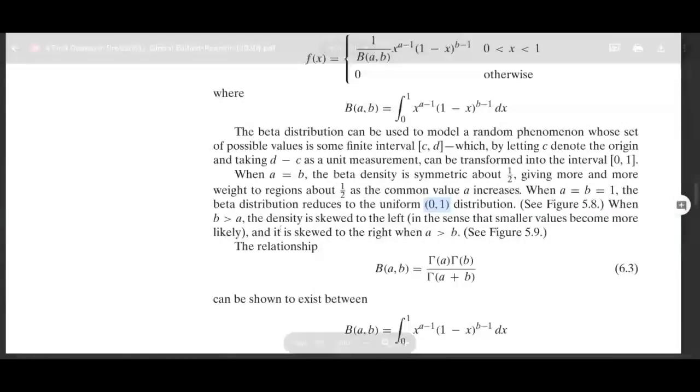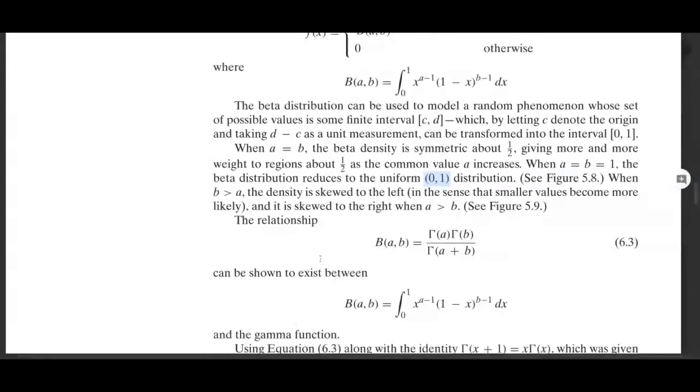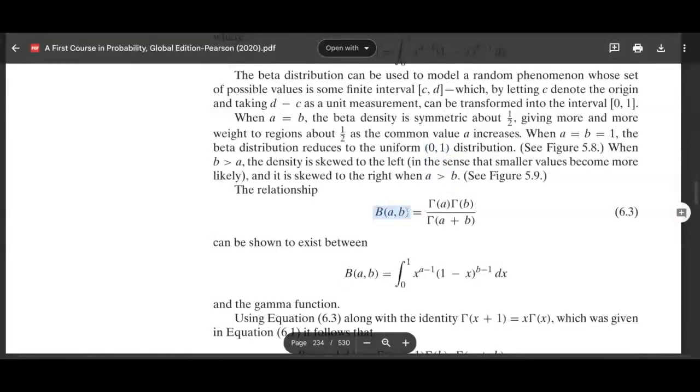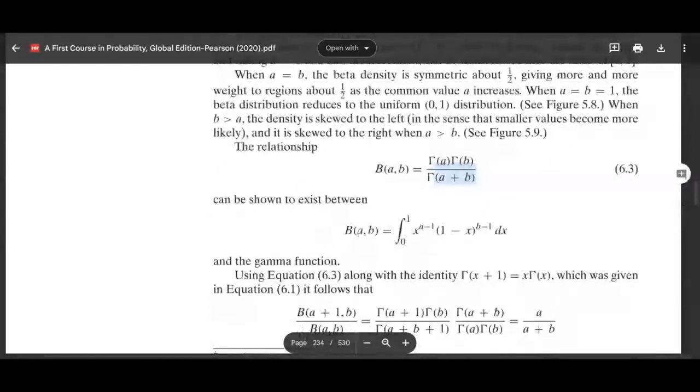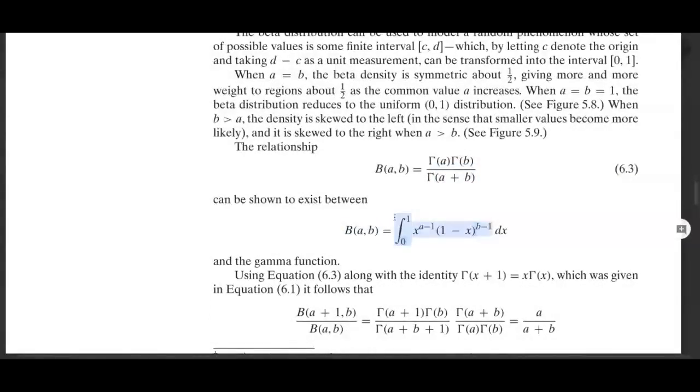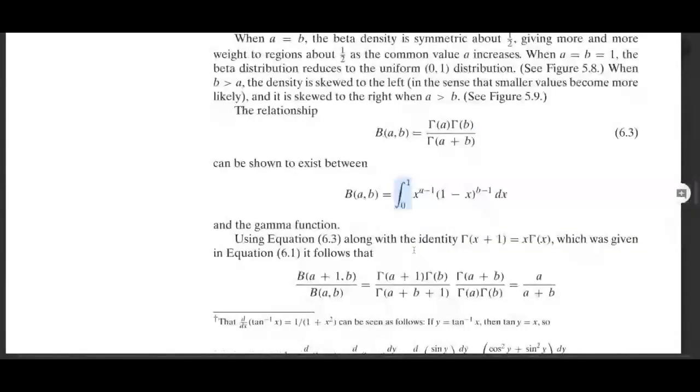When B is greater than A, the density is skewed to the left. When A is greater than B, it's skewed to the right. The relationship: beta of A and B equals gamma of A times gamma of B divided by gamma of A plus B. This can be shown starting from beta of A and B as defined, and the gamma function.